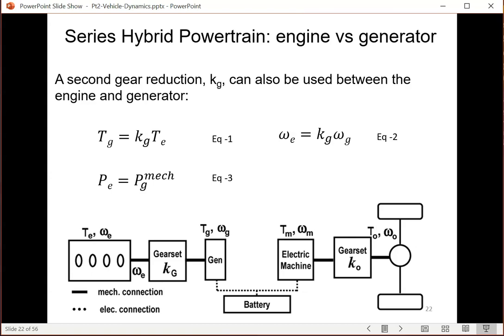That all depends on the individual engine and generator. Generators work to give you the best efficiency at their designed frequency or speed range. The engine will also have its required speed range in order to achieve the best efficiency. So kg is designed to match the two to give both the best efficiency.